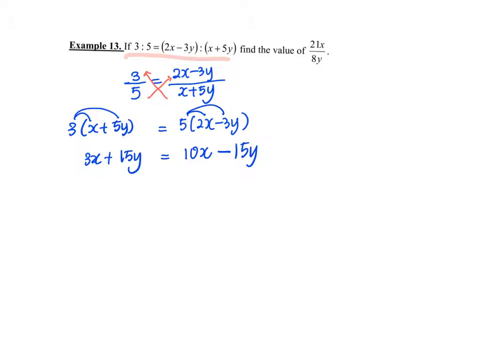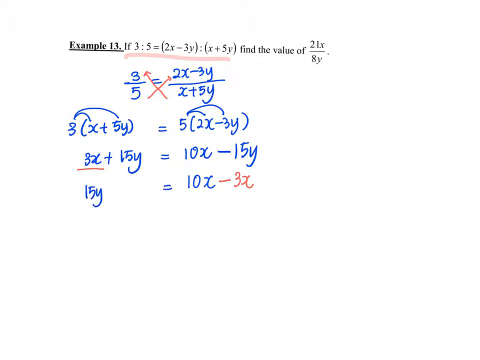Okay, what can we do? We shall rearrange and put the like terms together. That's what intuitively I'll do. And in this case, I don't really like negative numbers. So I'll put my 10x over here, and I shall bring 3x over, so it becomes minus 3x. Then on the other side, I have originally 15y.